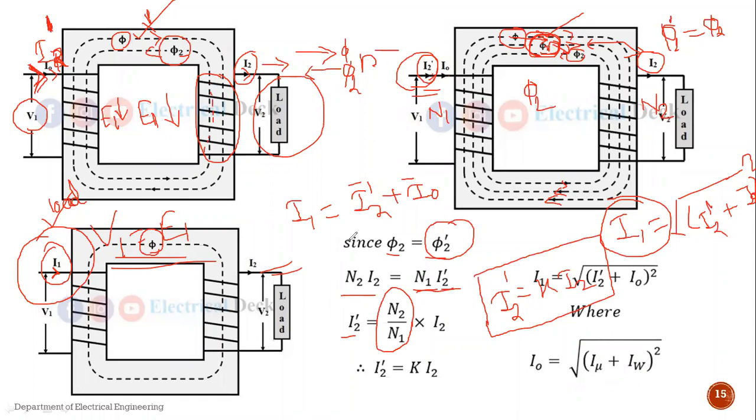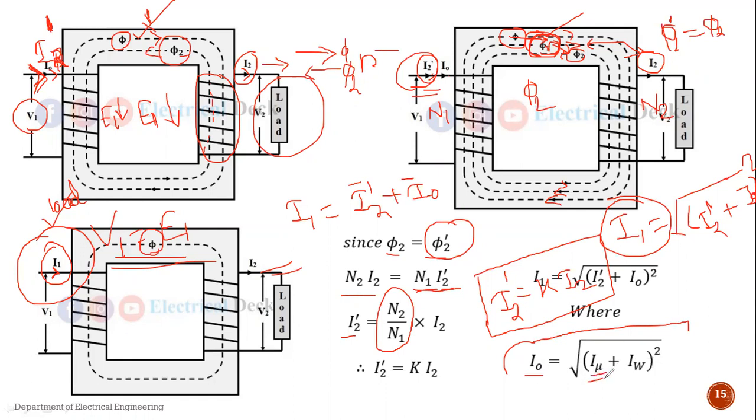What conclusion did I tell you? Whether the transformer is on load condition or on no load condition, the operation remains the same. At the no load condition we derived the equation: I0 is equal to I mu plus IW.